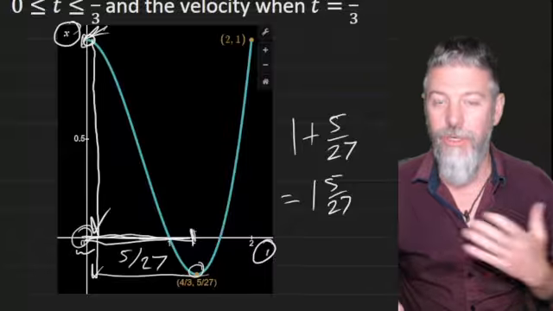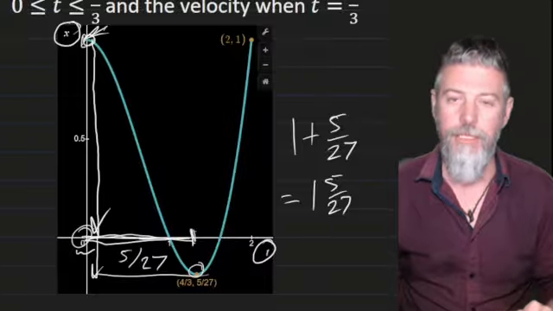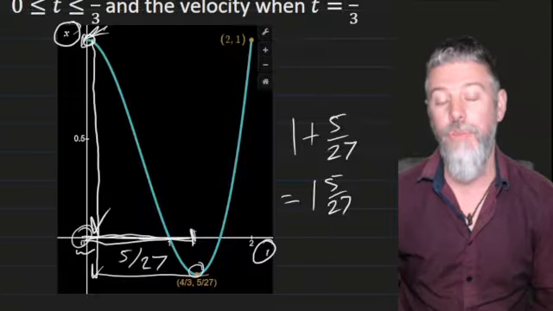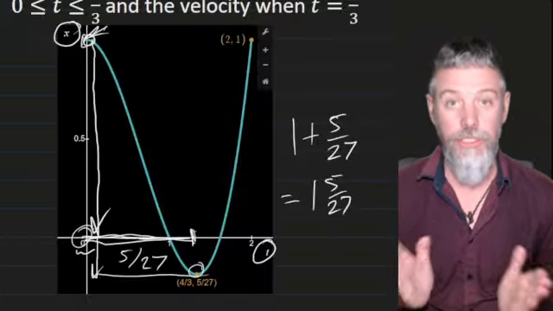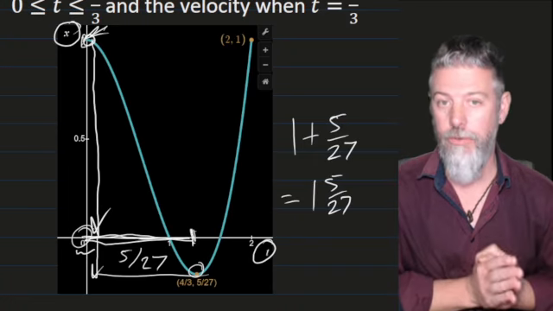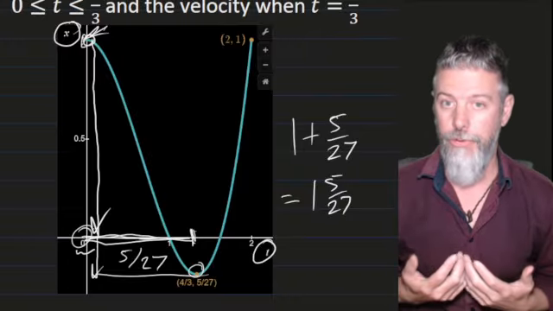Whatever the units are, you don't get marked incorrectly in the HSC for incorrect units in mathematics. So 1 and 5/27ths is the answer to the amount of distance traveled between 0, t is greater than or equal to 0, t is less than or equal to 4/3.